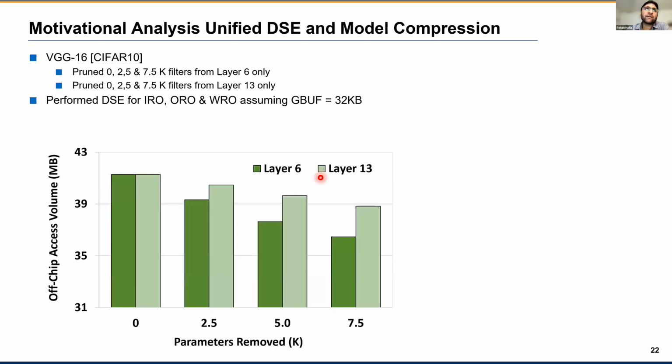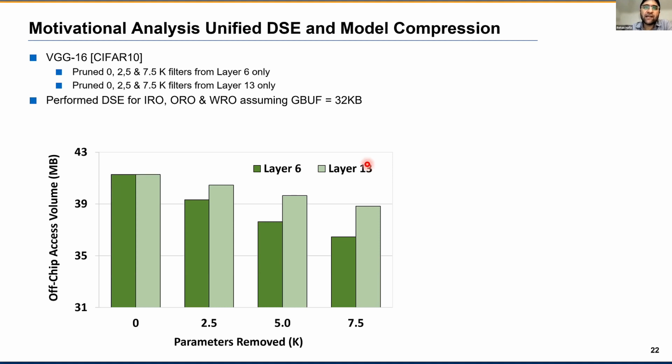If we move on, there is another experiment which we did. In this one, we took the VGG16, and afterwards we pruned the model by removing 0, 2.5, 5, and 7.5K parameters. However, when removing the parameters, we either remove them from layer 6 or from layer 13.